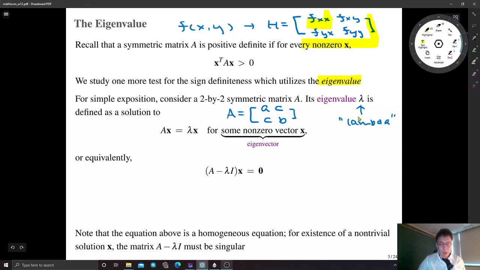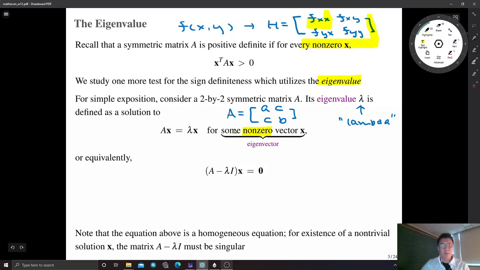The definition of the eigenvalue is a solution to the following matrix equation: A times x on the left and lambda times x on the right. To characterize this equation, we have to use one more vector, a non-zero vector. For some non-zero vector x, we have identical expressions in this equation.